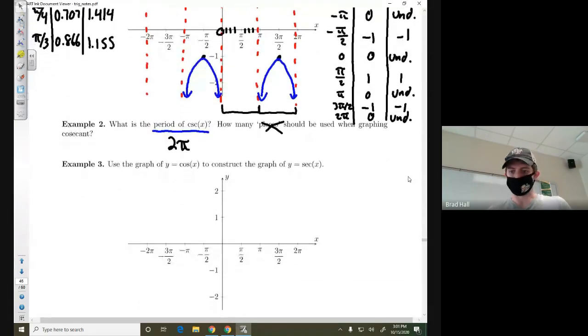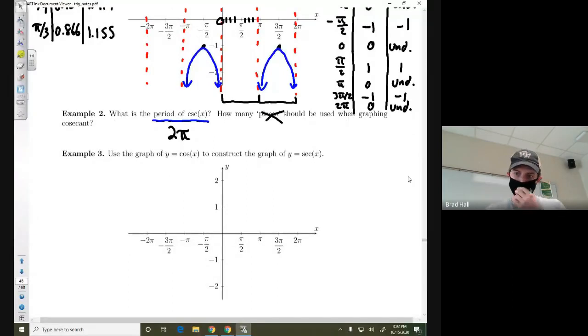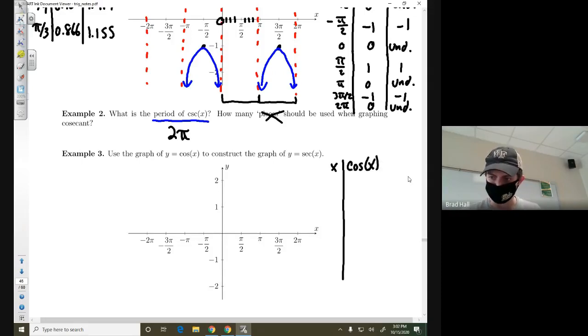And so we can do the same thing for secant, which is just the reciprocal of cosine. If we started off with cosine and then made our way to secant, we can use the same values: -2 pi, -3 pi over 2.